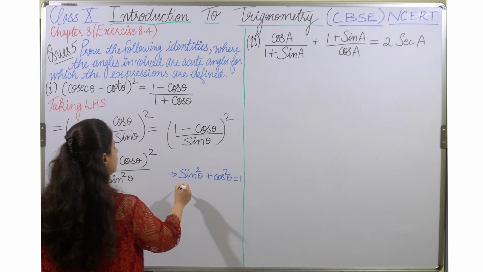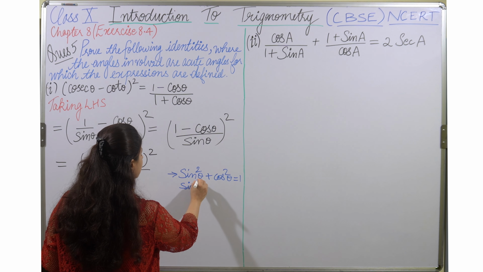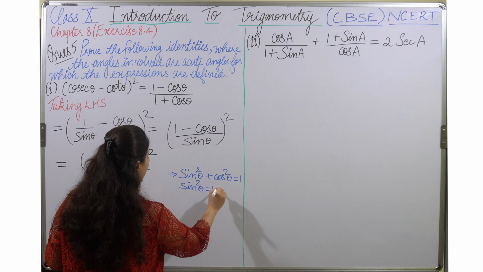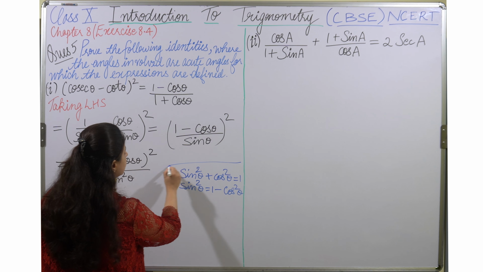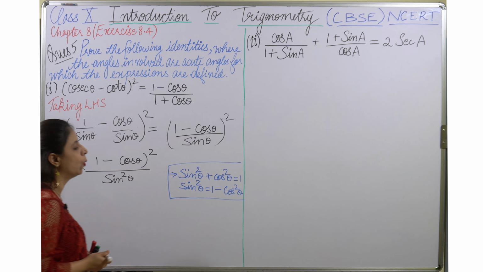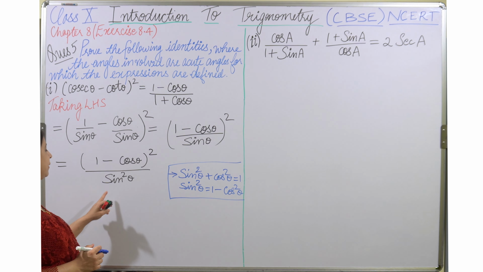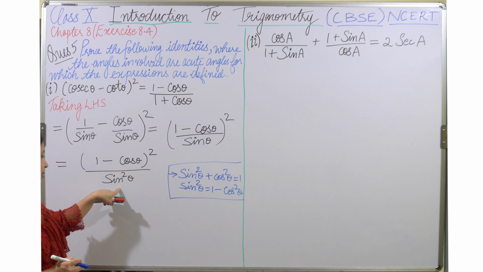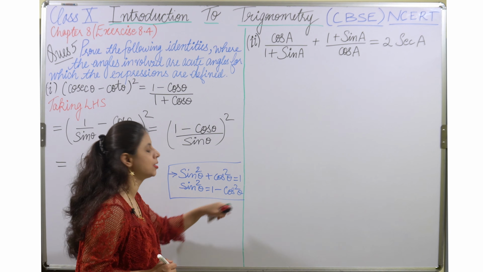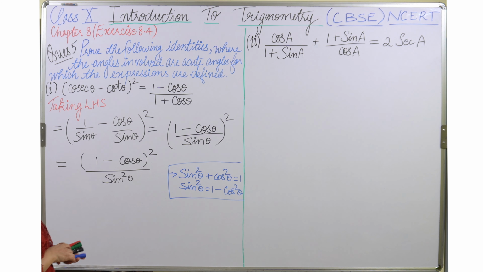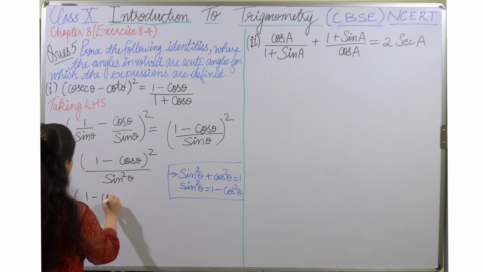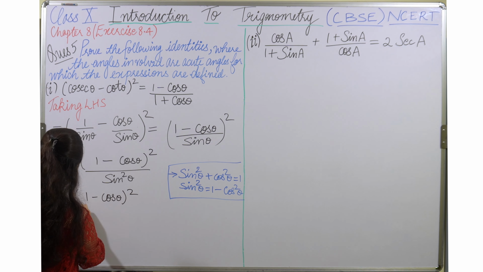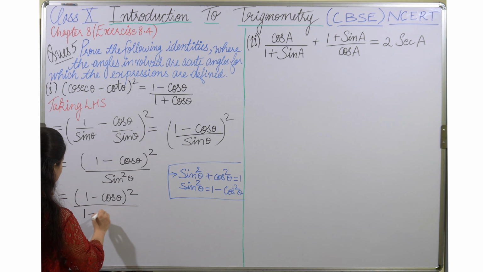So from here, sine square theta will be equal to 1 minus cos square theta. I will replace sine square theta with 1 minus cos square theta. So it will be (1 minus cos theta) whole square upon (1 minus cos square theta).